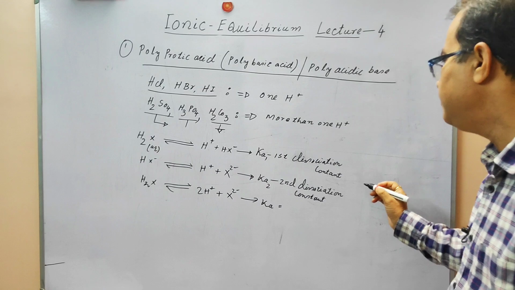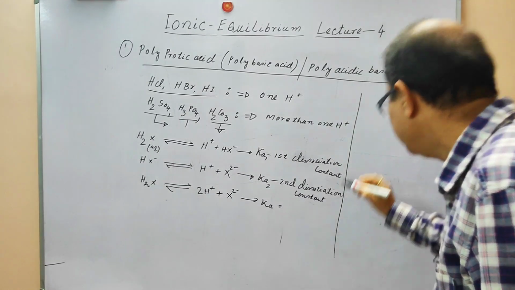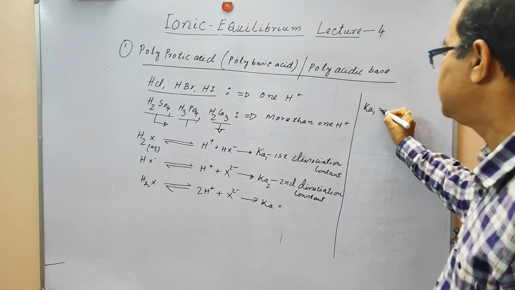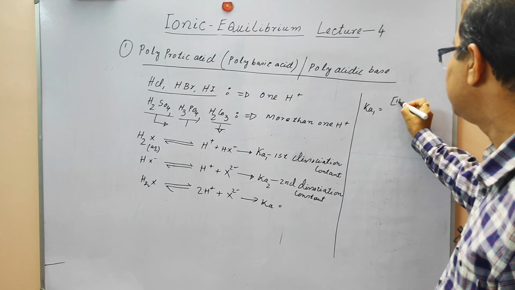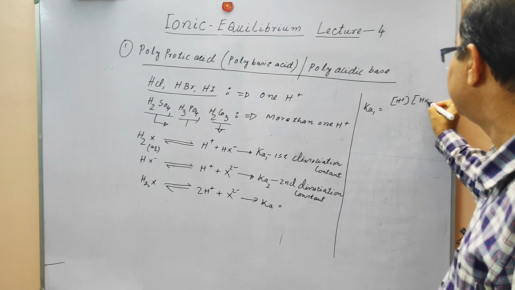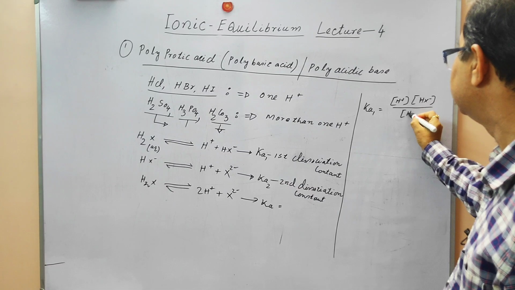And you can write the first dissociation constant Ka1 like this: concentration of H plus into concentration of HX minus, divided by concentration of H2X.